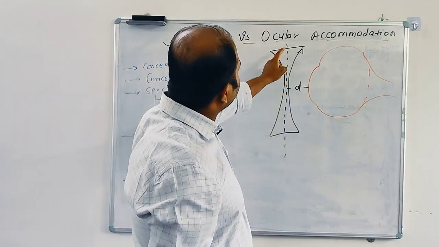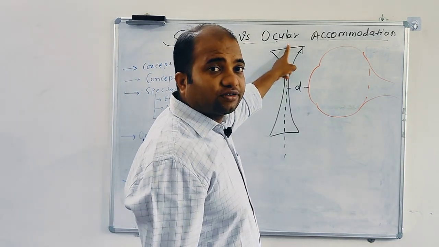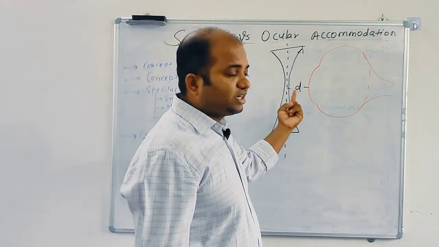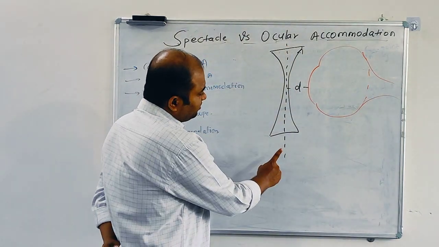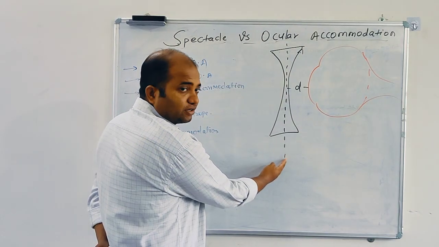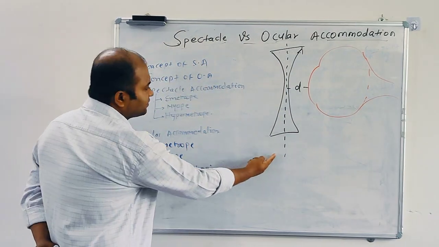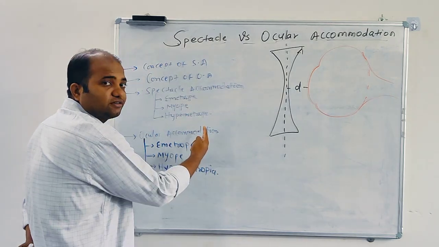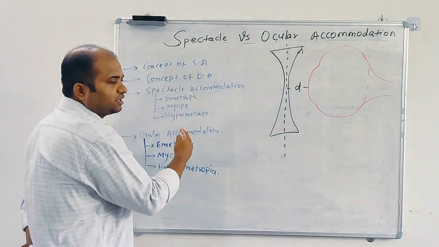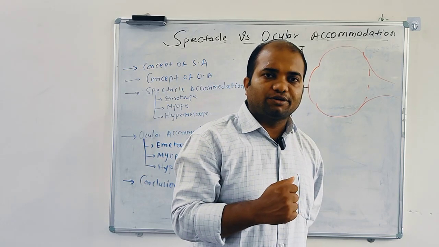So what is the vergence of light at this point? The amount of accommodation will be determined by Vd minus Vn, right? You just take the distance from this point, the spectacle plane, to where you are seeing, whether 40 centimeter, 50 centimeter, 1 meter, or an object at infinity. Based on what distance you are seeing, you just take the reciprocal of it.